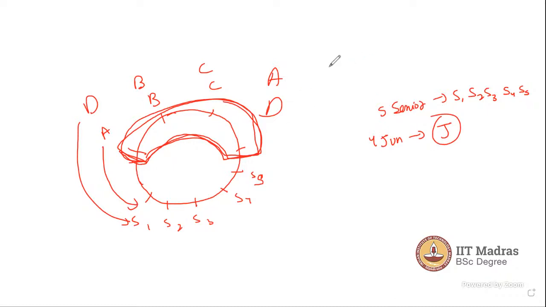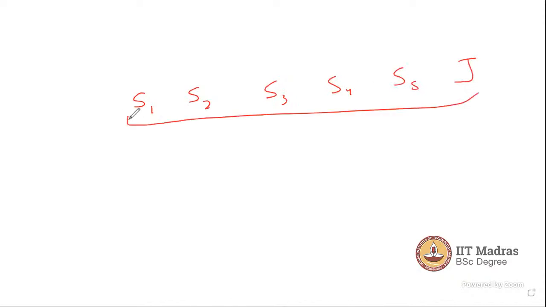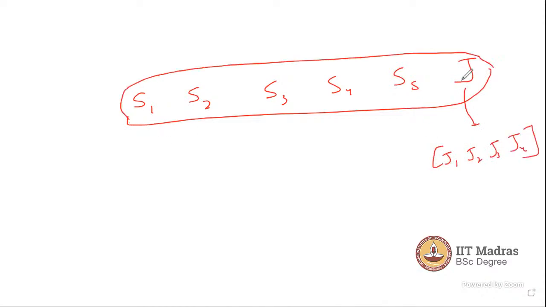I am arranging these 6 entities: S1, S2, S3, S4, S5, and J. This J contains 4 entities. First I am arranging these 6 in a circular way. Here, clockwise and anti-clockwise are different, right? Yeah. Here I am arranging these 6 in 5 factorial ways, and within this J, I can arrange them in 4 factorial ways, because this is a linear combination.